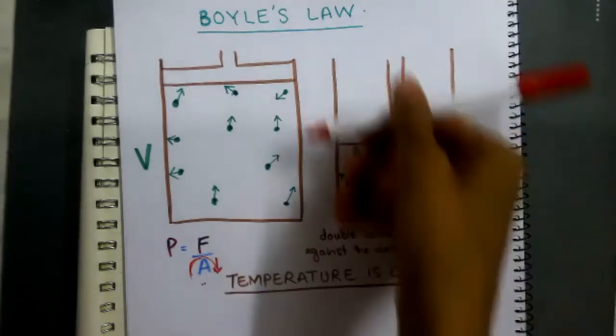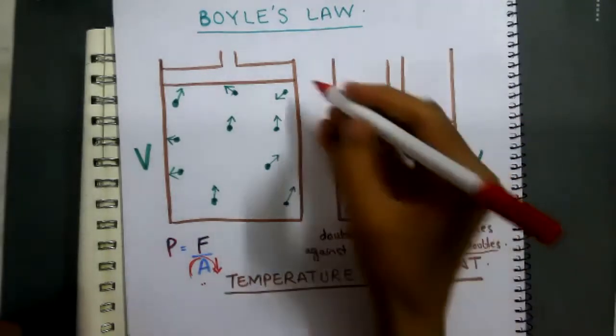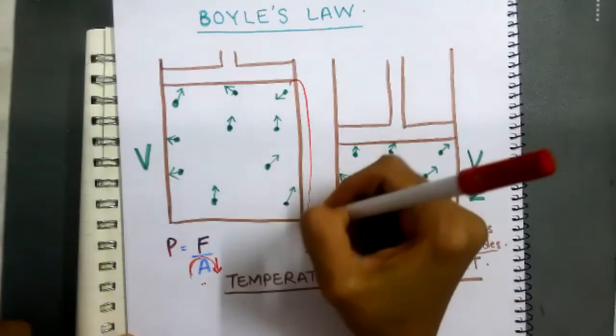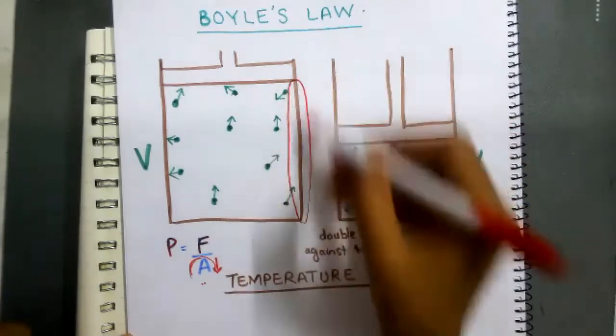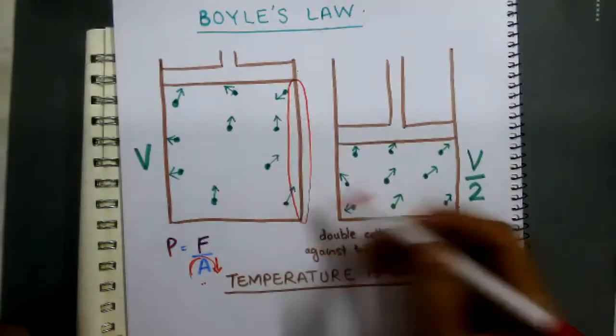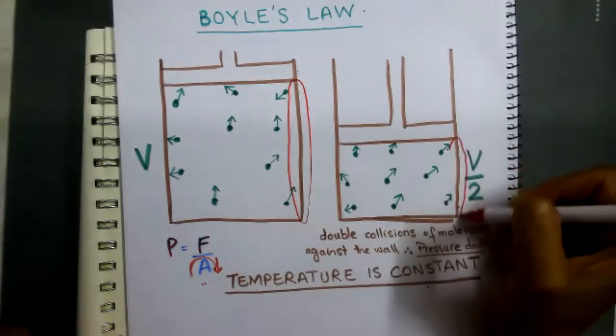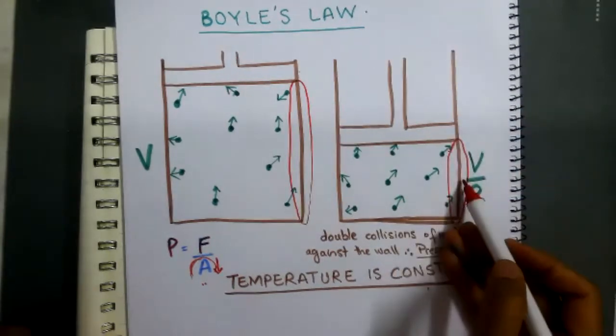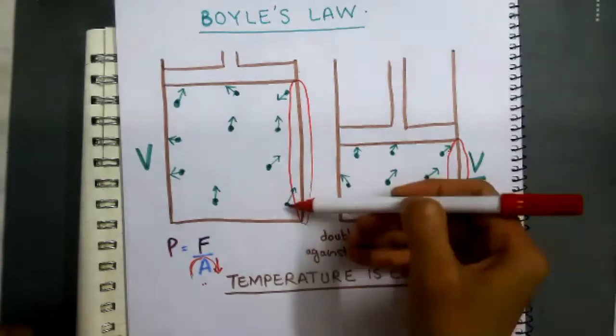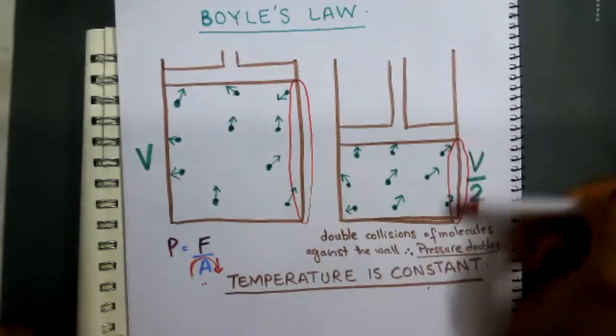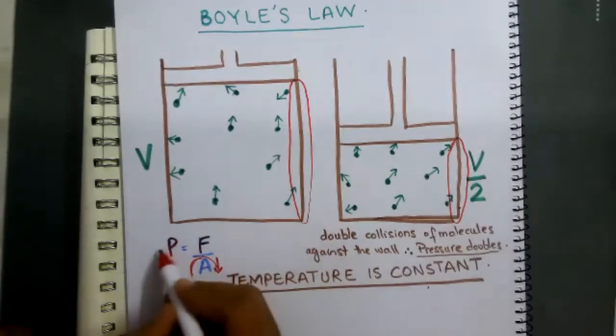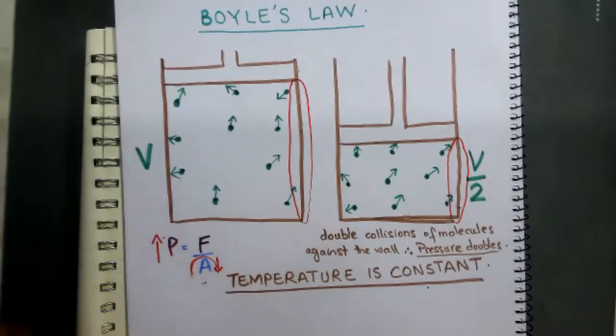Because I have halved the volume, initially they had this area, for example, on one side. Here they have half that area to collide against. So the force is the same, but the area is less, so pressure would increase.